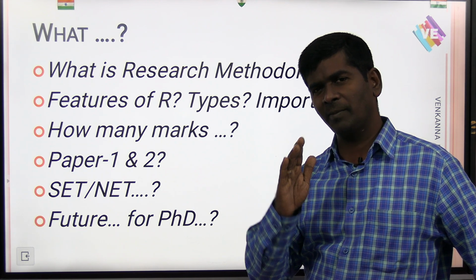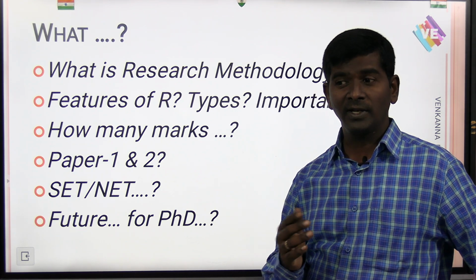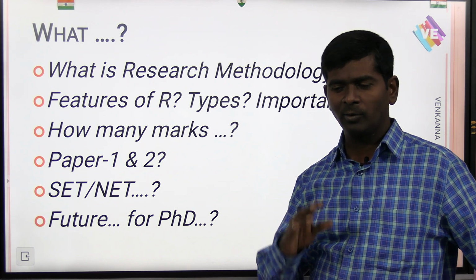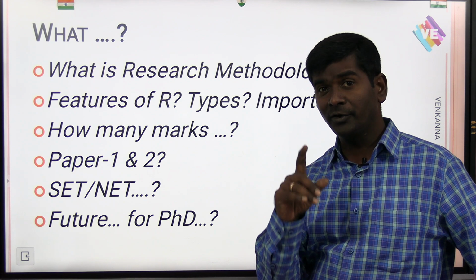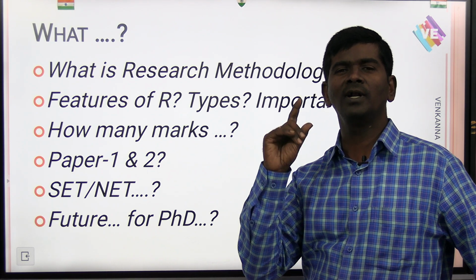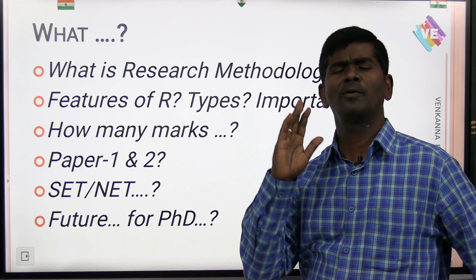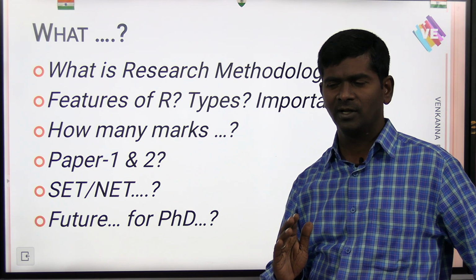Friends, in Paper 1 and Paper 2 you will get 10 plus 10, 20 plus 20, 40 marks. Out of 300 marks, 30 to 40 marks will be allotted for research methodology alone across both papers. So it is a very important area, friends.